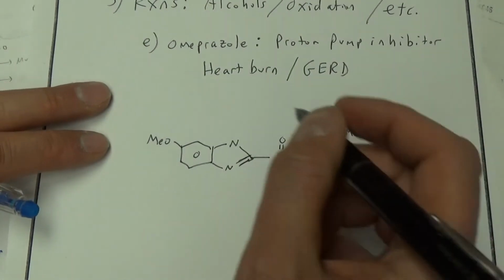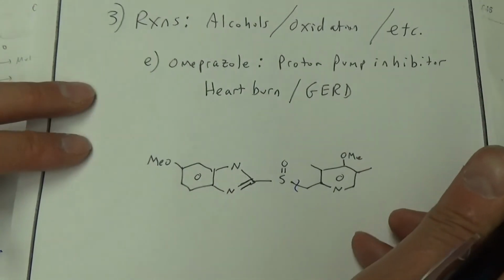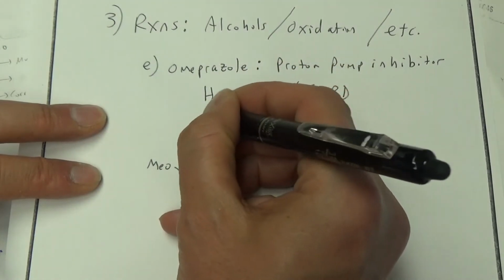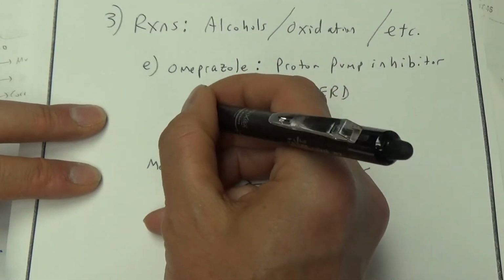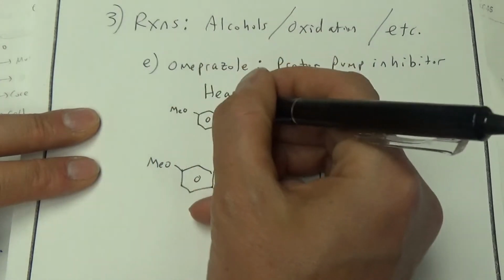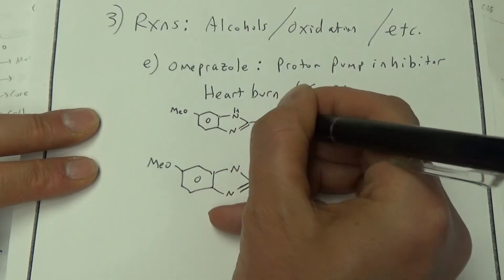All right, so they start with a thiol, which is like a sulfur-based alcohol, almost, right? So they start with the left piece, methoxy, and they have a little nitrogen and a nitrogen.